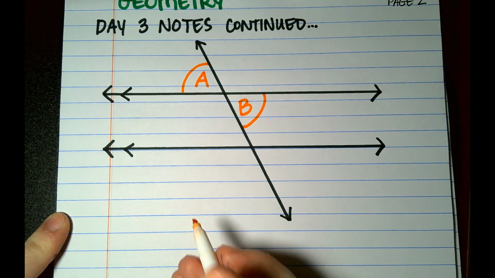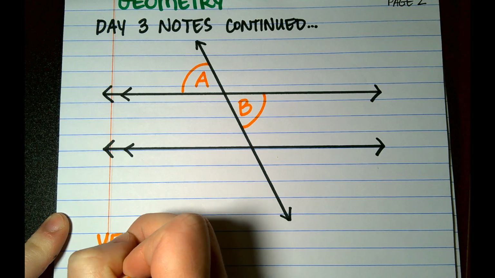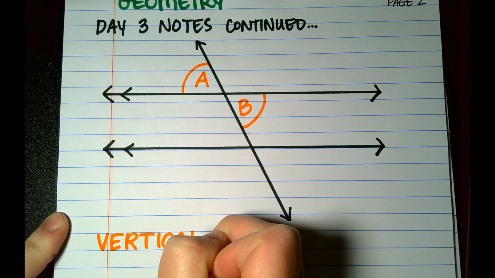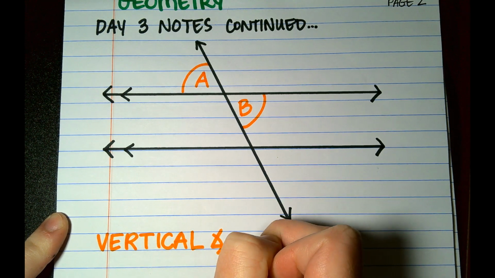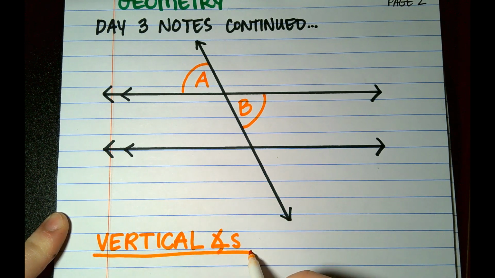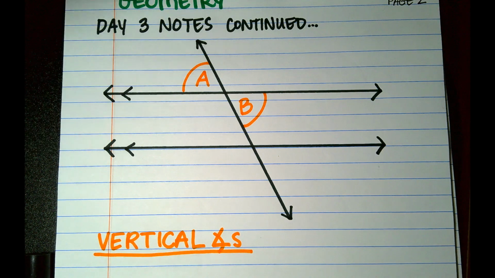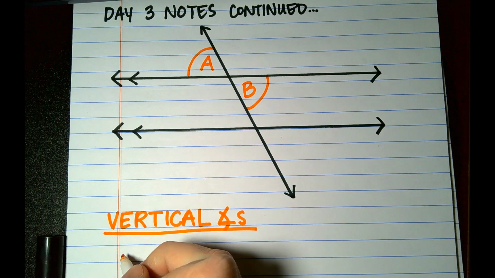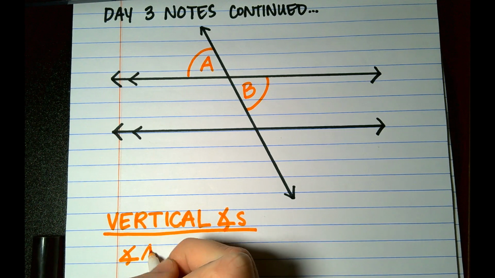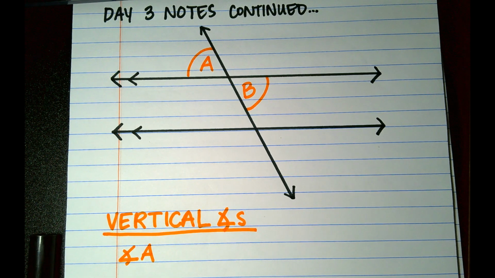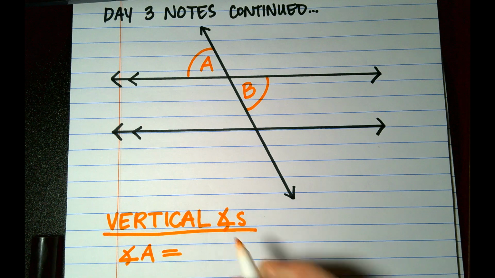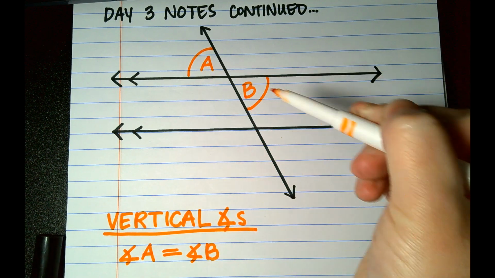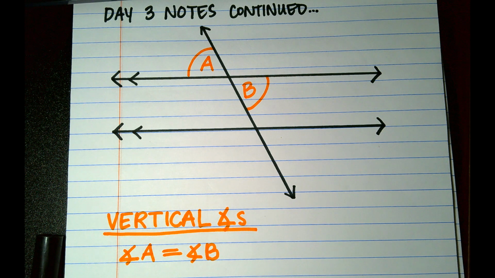Underneath, I'm going to write vertical angles. They're equal to each other. So underneath here, I'm going to say angle A is equal to angle B because they are vertical. They're right across from each other.